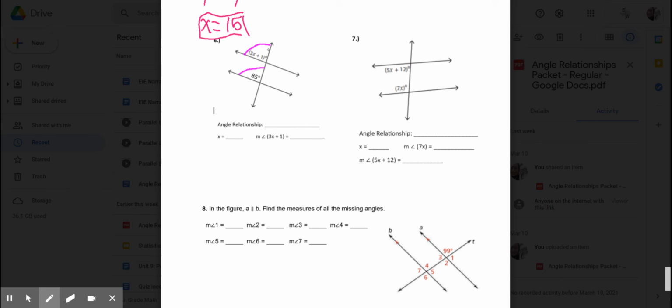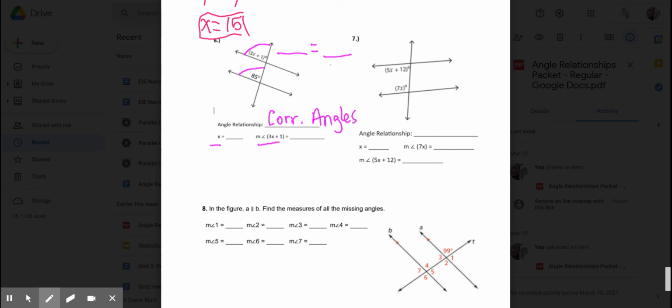I could slide this angle up and it'll go right over top. So I know that corresponding angles are equal. So when I write my equation for this one, I'm going to write that the angle equals the other angle. Then I'll be able to solve for x and find what the measurement of the angle 3x plus 1 must be. Well, I already know what it equals, but I'll let you figure that out.